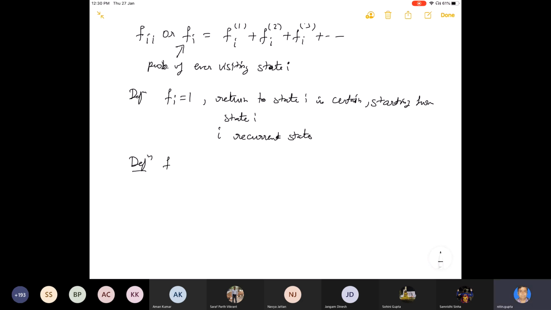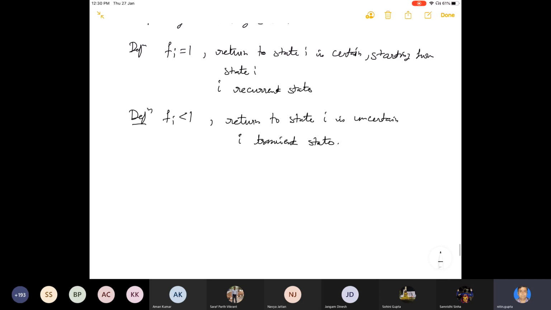If F_i is less than 1, then return to state I is uncertain. Then state I is called a transient state. Okay.